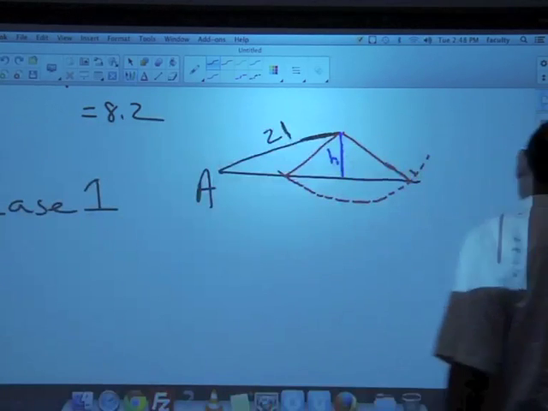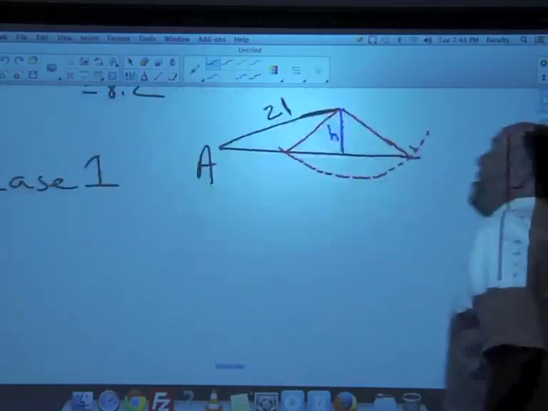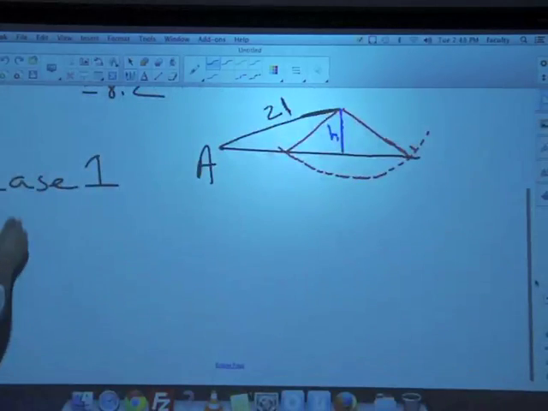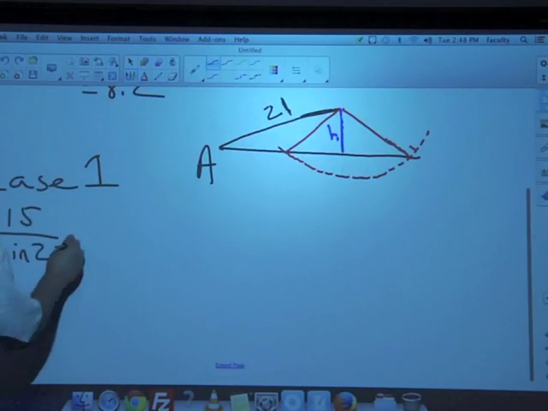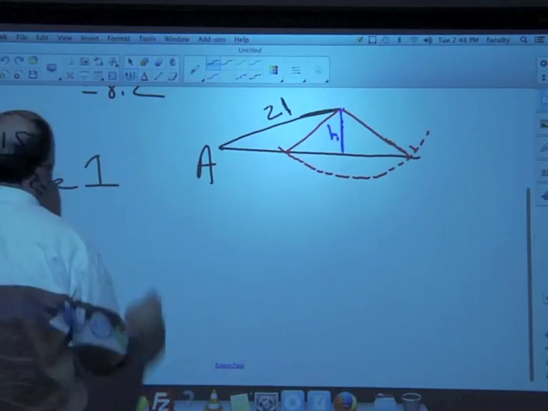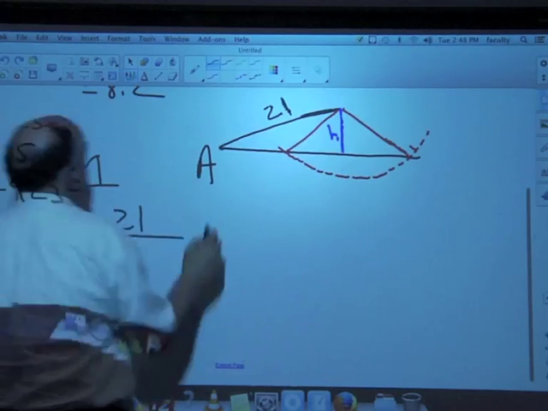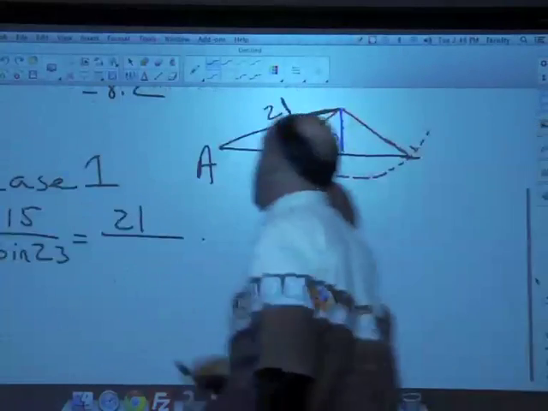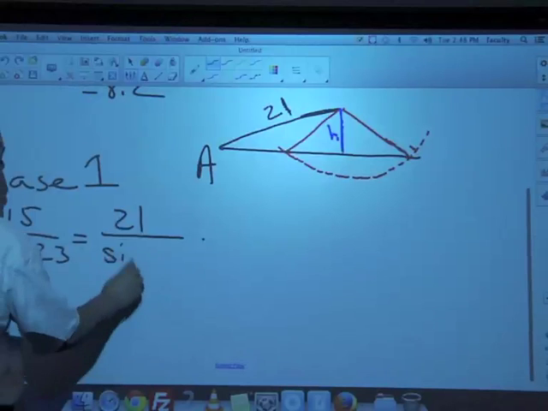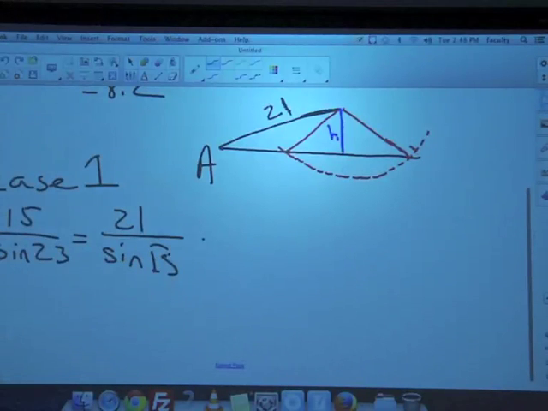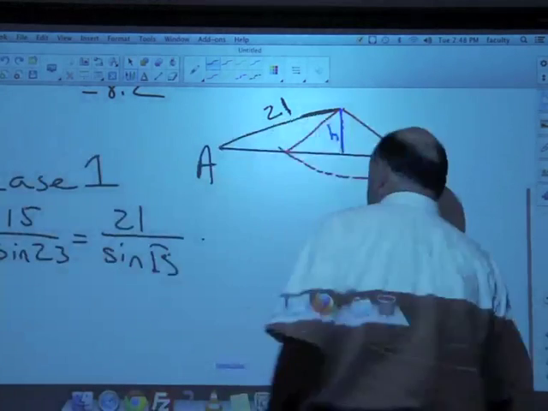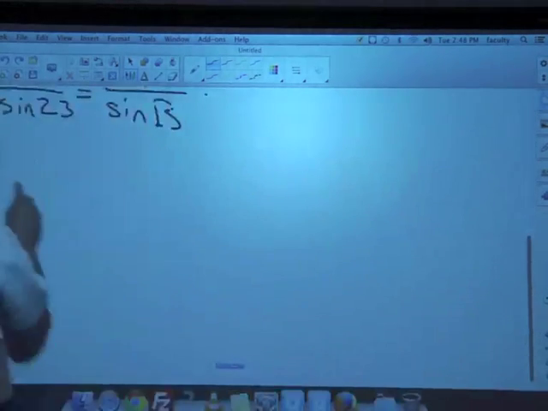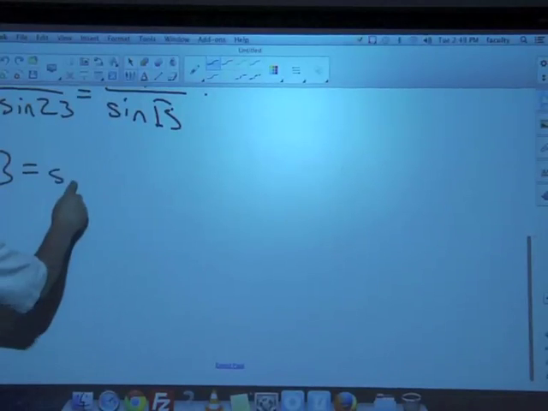We're going to have 15 over the sine of 23 equal to 21 over the sine of B. We said that was B, right? We want to solve for B, so we cross multiply, divide, and take the inverse sine. So B is going to be the inverse sine of 21 sine 23 over 15.